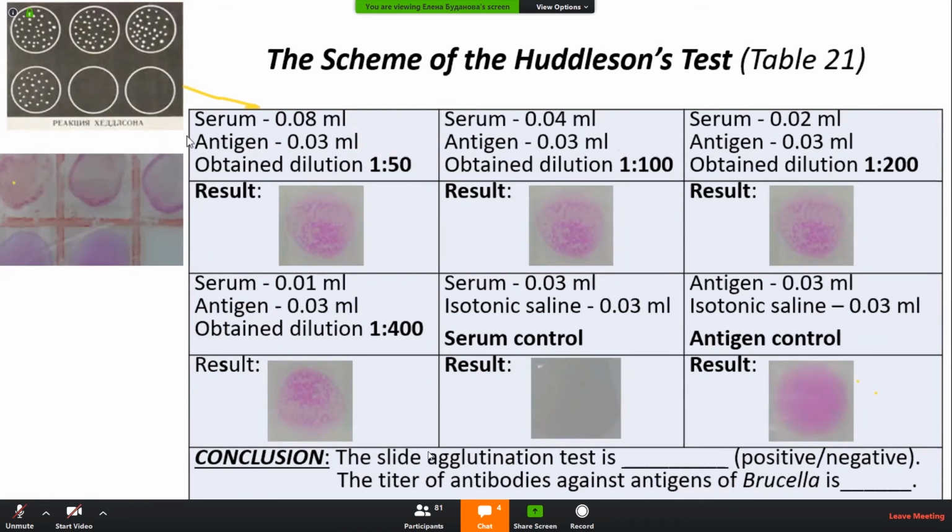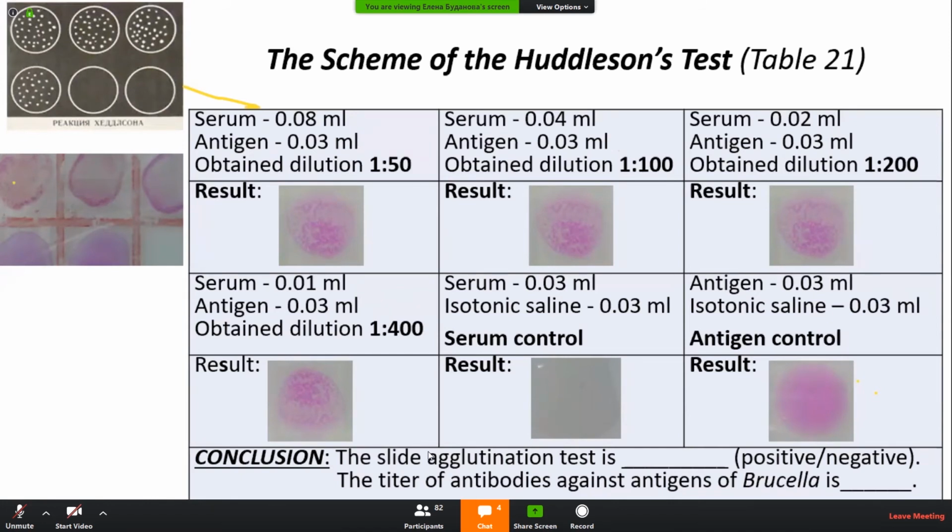Here's the scheme. Patient serum is diluted and mixed with Brucella antigen. Brucella are very small in size. That is why in laboratories, Brucella diagnosticum are usually colored, to make the result easily visible.